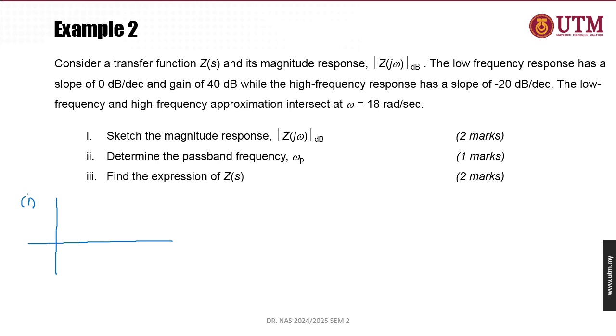So it's a 40 dB line for low frequency. Meaning that you can divide your frequency response into two sections. On the left hand side is the low frequency component, while the right hand side is the higher frequency component. Okay, so the low frequency component has a gain of 40 dB, so this is 40 dB.